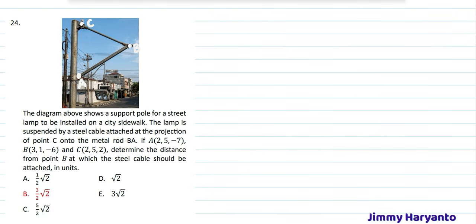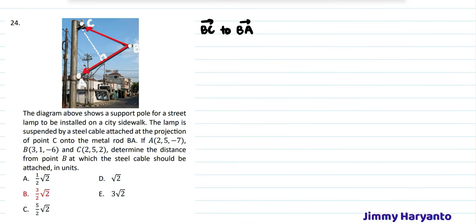Oh, so you have to project this onto this metal bar. That means we have to find the projection of BC onto BA, like this. If you see the vectors, they will be BC with BA.